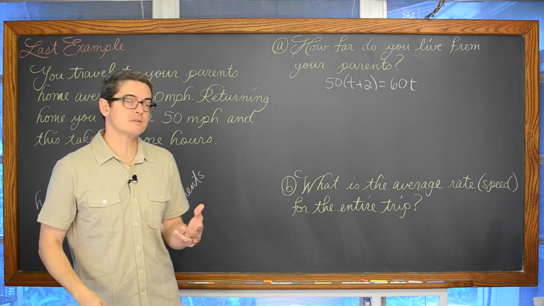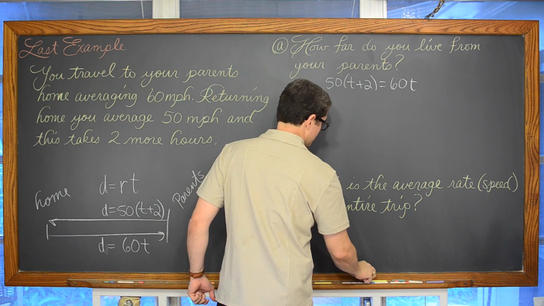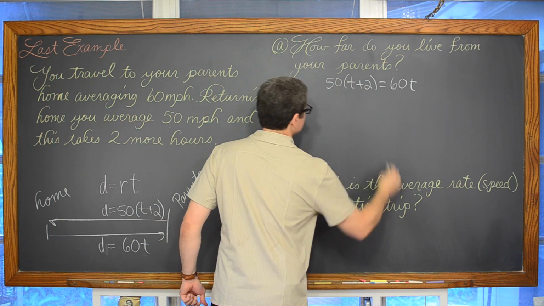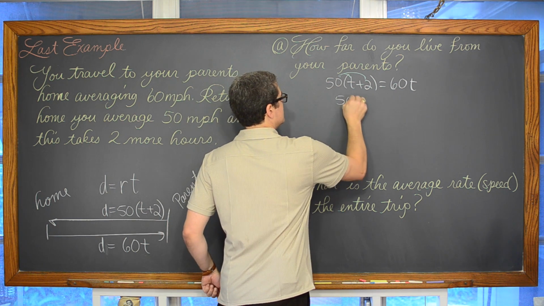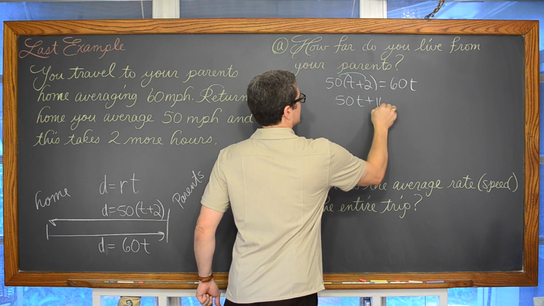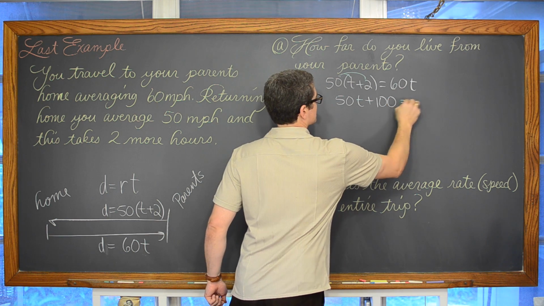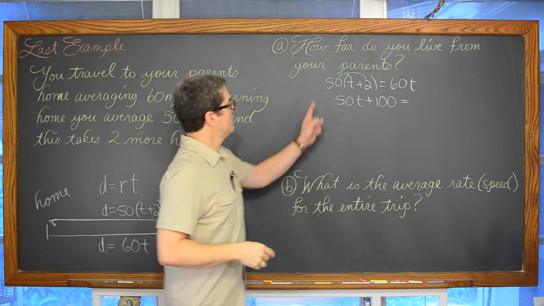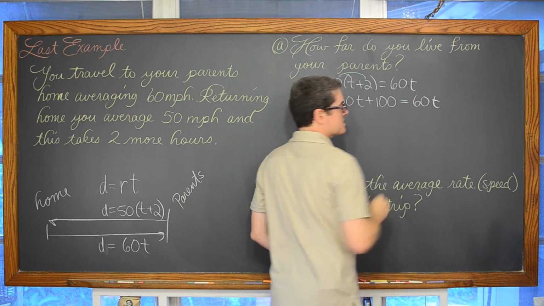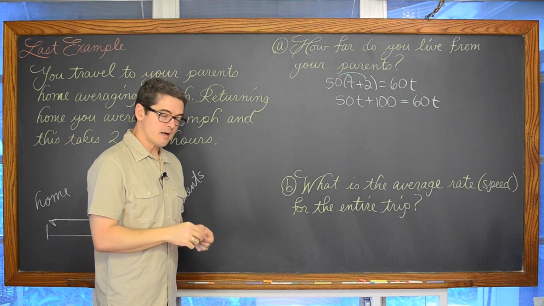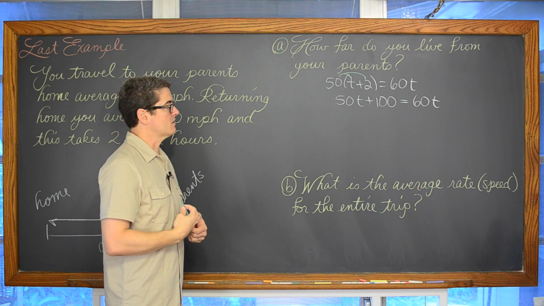Okay, we're going to look for parentheses that we can distribute through, and that means that we're going to distribute by the value of 50, and we get 50t plus 100, and I don't like the fact that my equal sign doesn't line up there. Sorry about that. 50 times 2 is 100, equal to 60t.